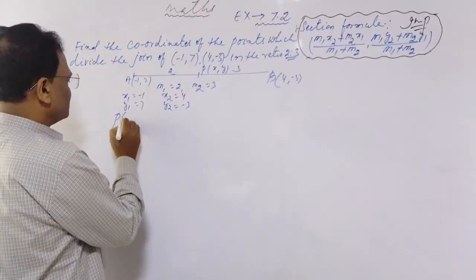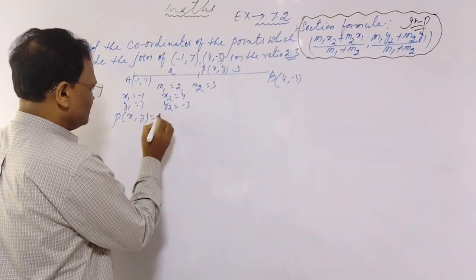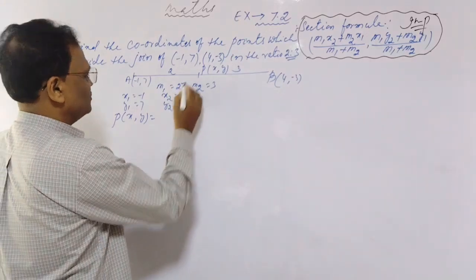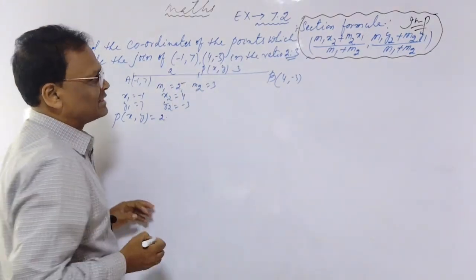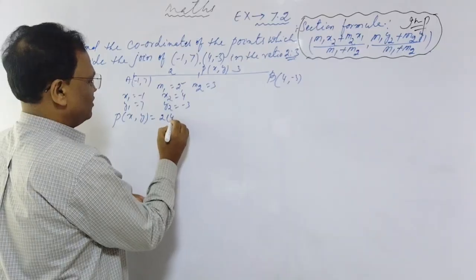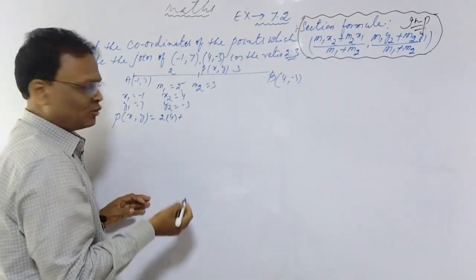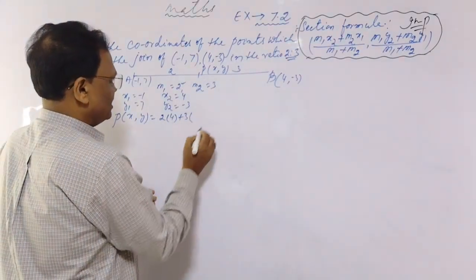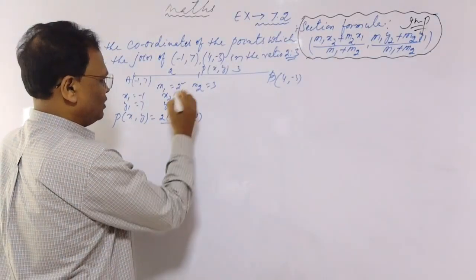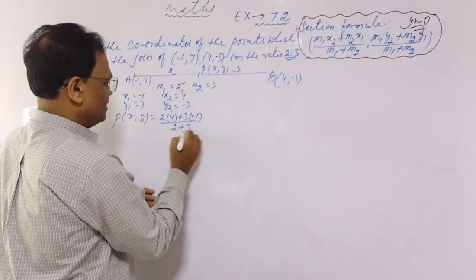The coordinate of that point P(x, y) is equal to M1 X2. My M1 is 2, M1 into X2. What is X2? X2 is 4. Plus M2, M2 is 3, M2 X1 is minus 1, divided by M1 plus M2, means 2 plus 3.